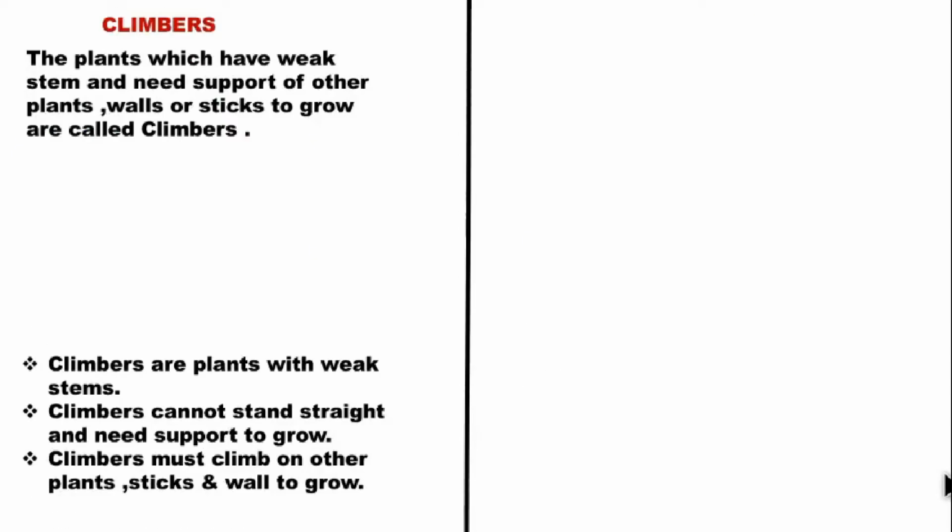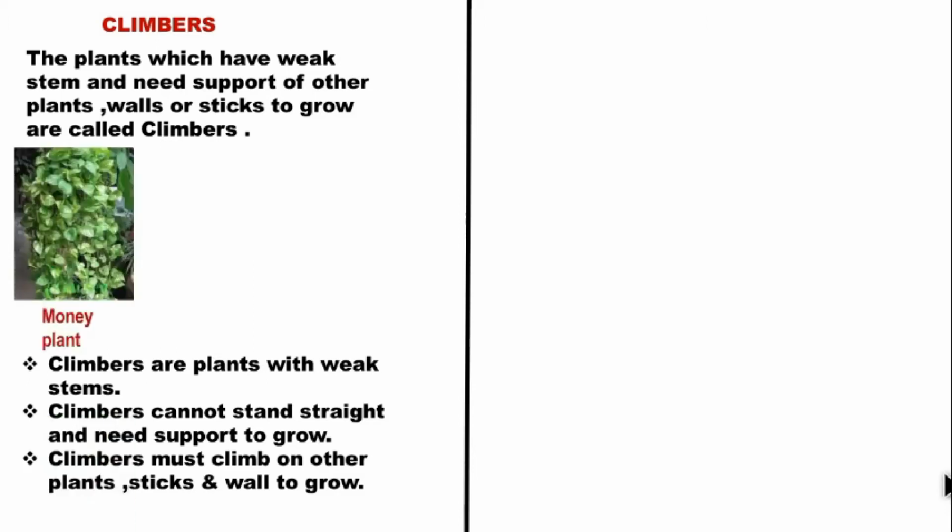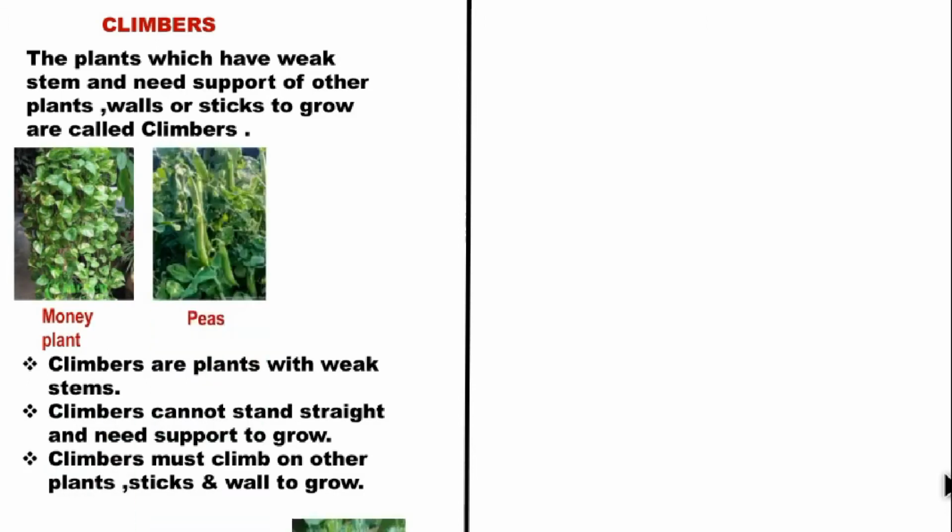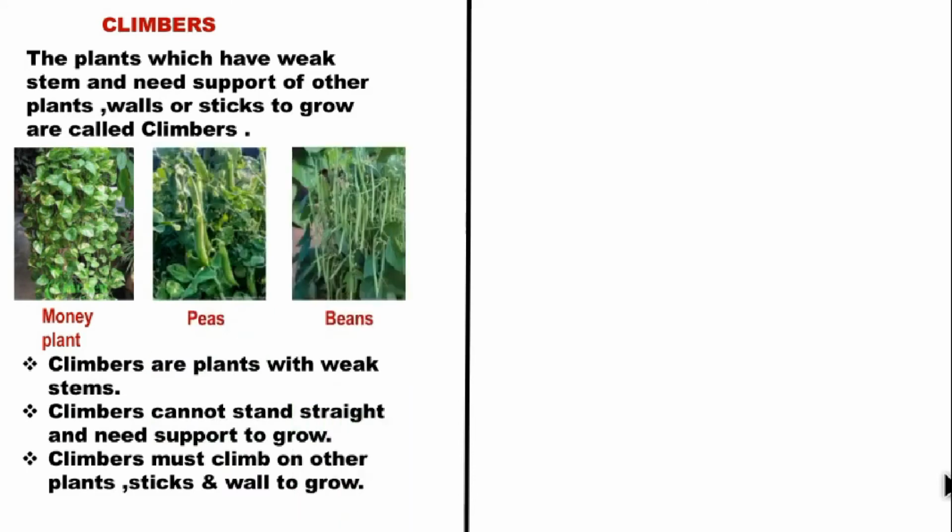So next type of plants are climbers. What are climbers? The plants which have weak stem and need support of other plants, walls or sticks to grow are called climbers. So for example, money plant, peas, beans.